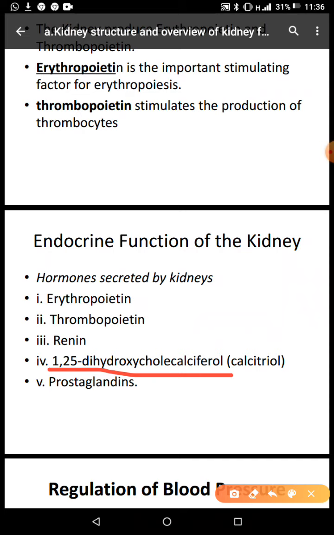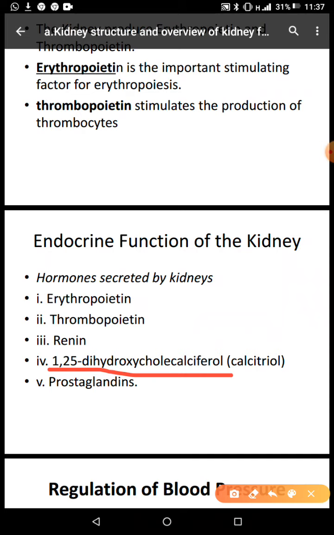This one is a product of liver and renal hydroxylation of vitamin D3, and it's one of the most active metabolites of vitamin D. It stimulates calcium uptake by the small intestines. And we know that calcium is very important in many physiological processes, such as mineralization of new bones and triggering exocytosis.